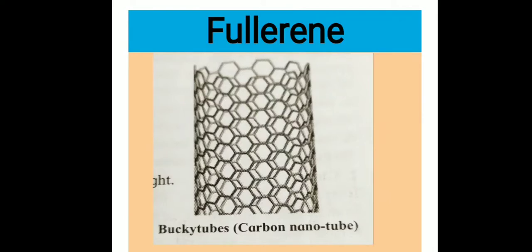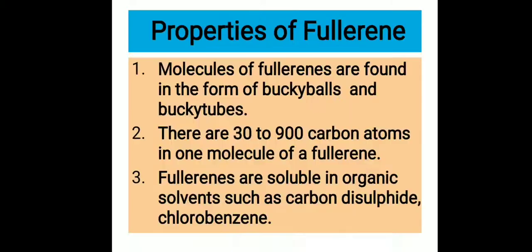The structure of fullerene can also be found in the form of bucky tubes. Bucky tubes are nanotubes composed of pure carbon with a molecular arrangement similar to that of a fullerene. So, molecules of fullerene are found in the form of buckyballs and bucky tubes.